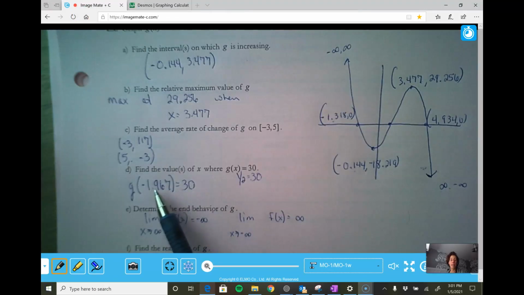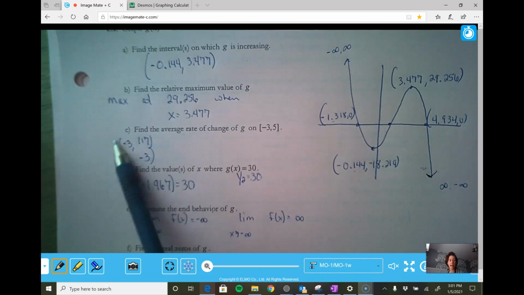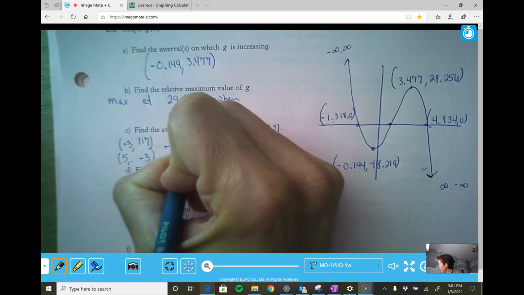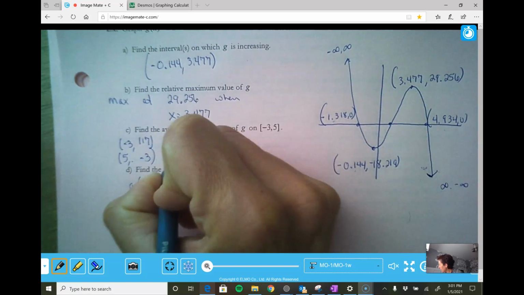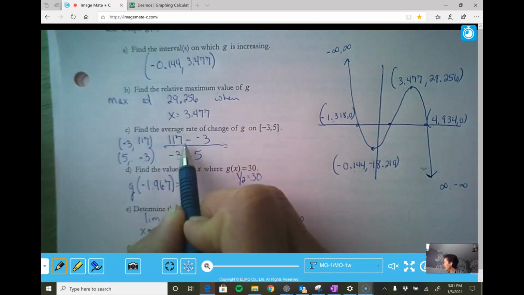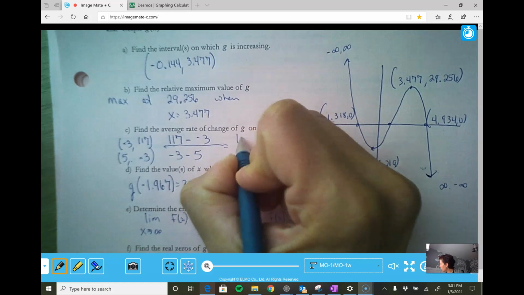And just going back to D, this is the X value that goes in the parentheses, and here's the Y value. And then here are my ordered pairs, and now I'm just going to do the slope formula. So I'll put the Y's on top, and the X's in the bottom, subtracting the same way. So 117 take away -3 is 120.